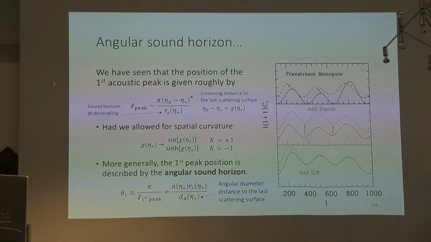So overall, if I want to write down this expression in a more general way, I can define a thing called theta s, called the angular horizon in the literature, and it's just pi divided by the location in L of the first acoustic peak.